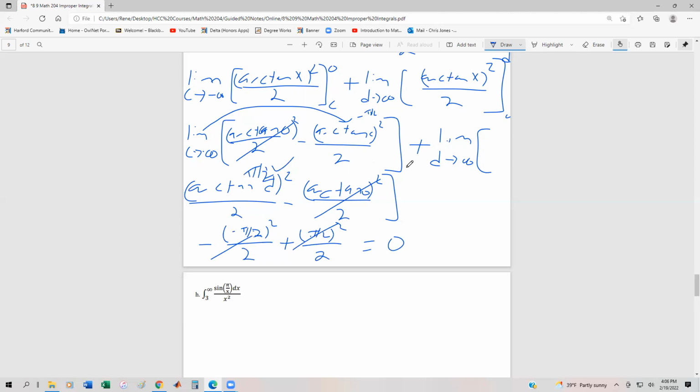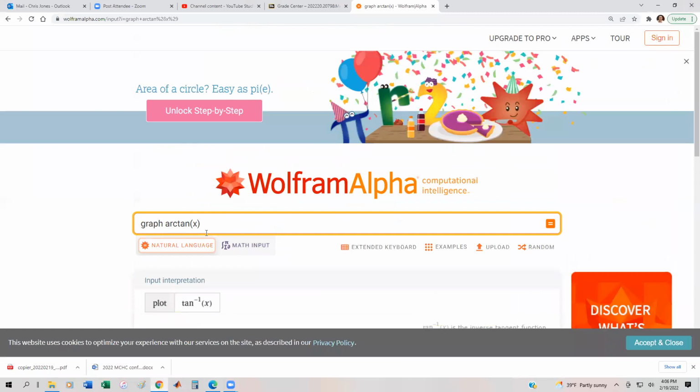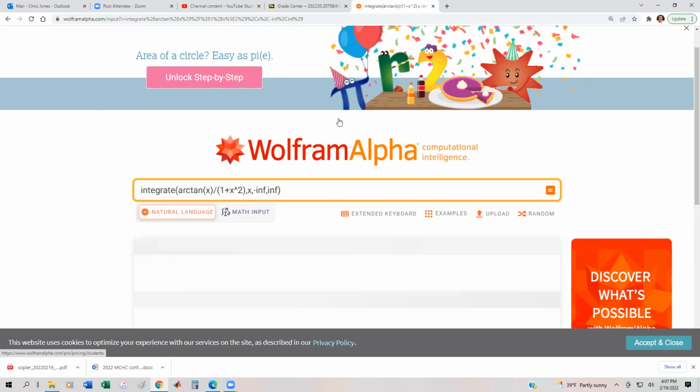Now, of course, if you don't believe me, Wolfram Alpha always provides beneficial help. So we can integrate, and remember our original was arctangent divided by 1 plus x squared, as x ranged from negative infinity to positive infinity. And this should be 0. If not, then I have to redo the whole video.